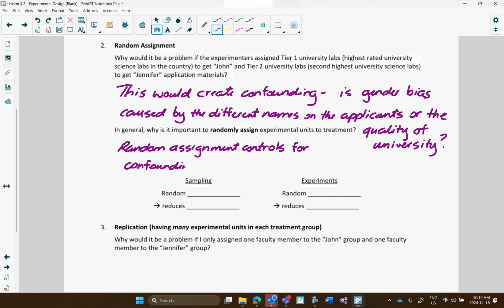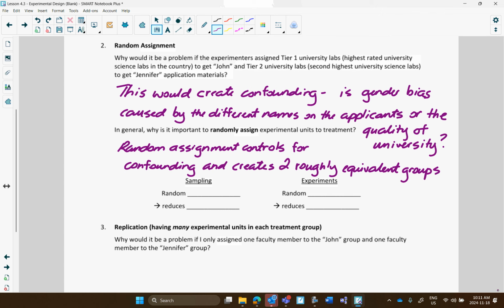And creates two roughly equivalent groups. So it would be much better that instead of giving all of John's to tier 1 and all of Jennifer's to tier 2, is to mix them all up, the tier 1 and tier 2, and then randomly assign.